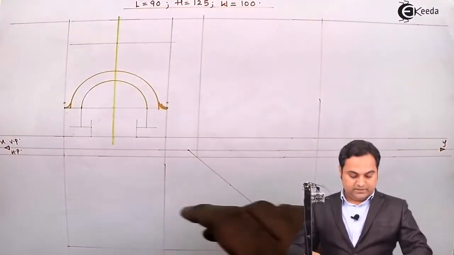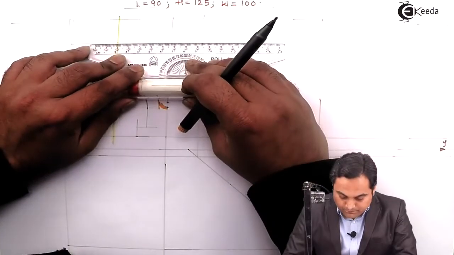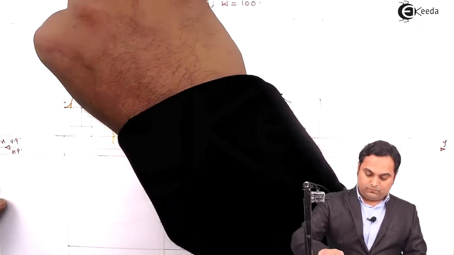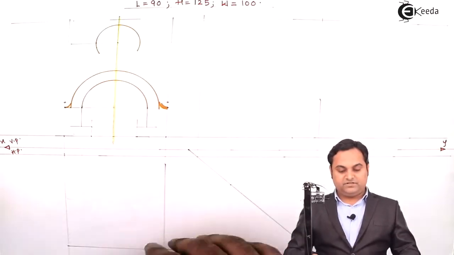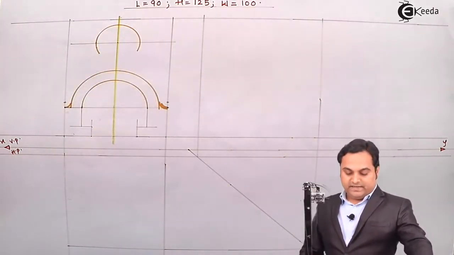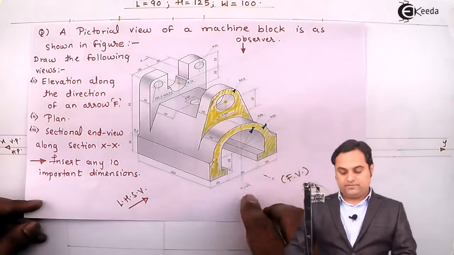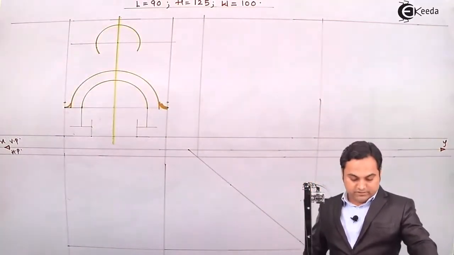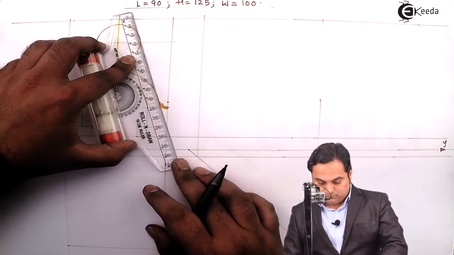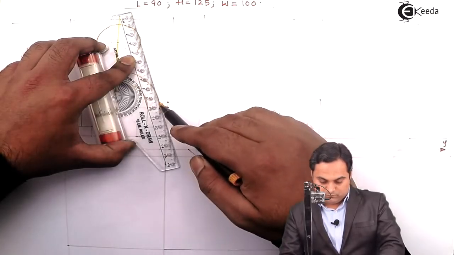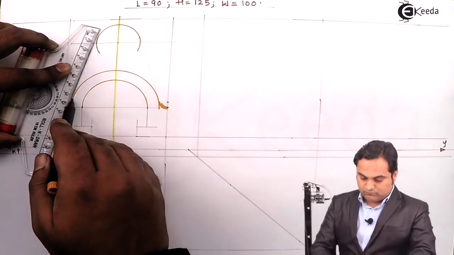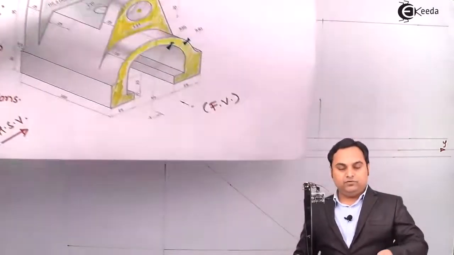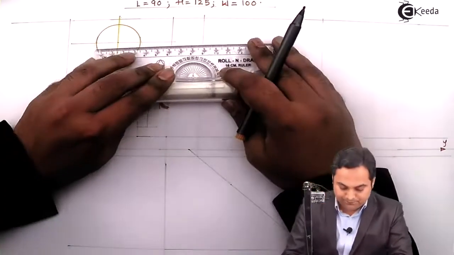So after locating the center, I'll measure 20 mm. Extending just ahead of the semicircle so that I can get the tangent, because here this surface and this semicircle are being connected and this has to be a tangent. Then there is a circle inside of diameter 24. So radius is 12 mm.